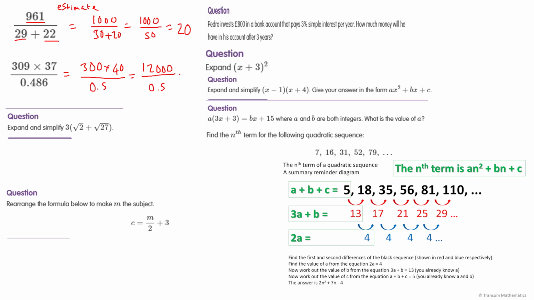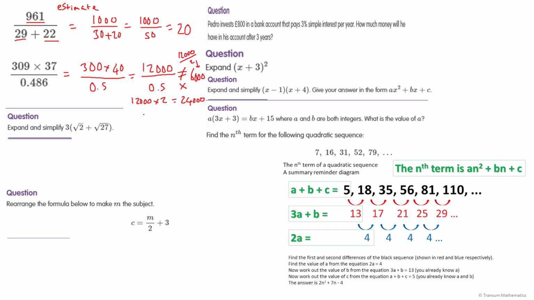Now the most common mistake is people write 6,000 because they think divided by half is the same as divided by 2, but it's not, because divided by 2 is 6,000. So when you divide it by a half, it's the same as multiplying by 2. So that answer would be 24,000.